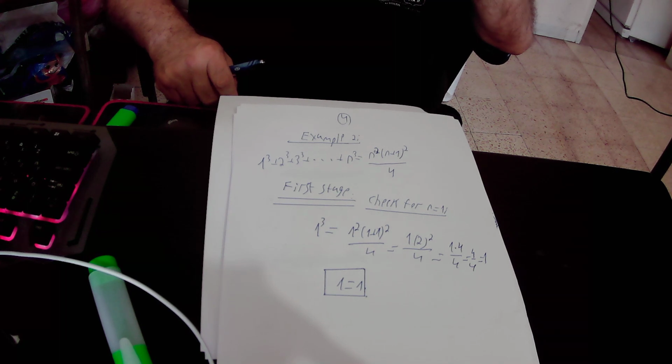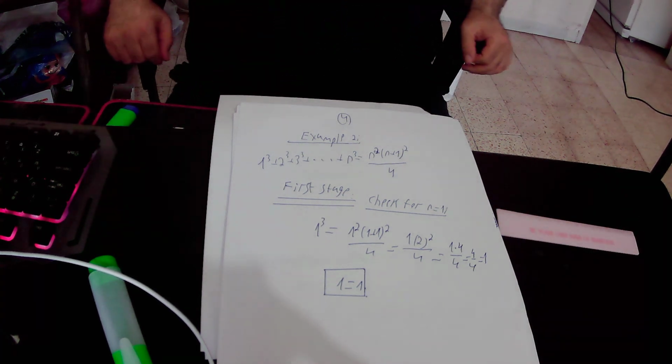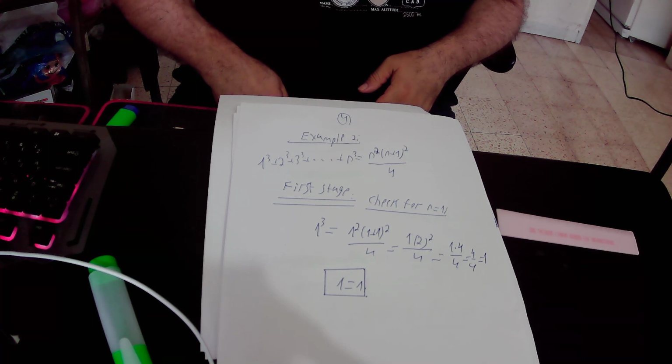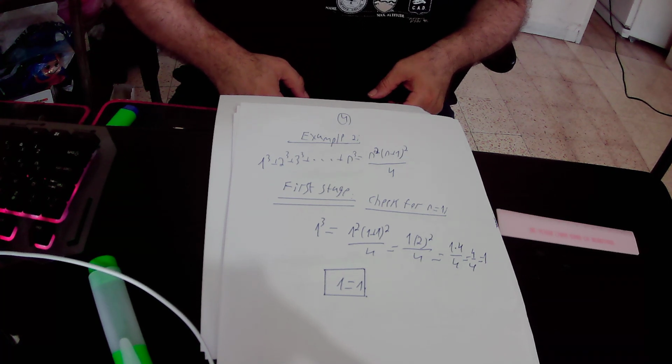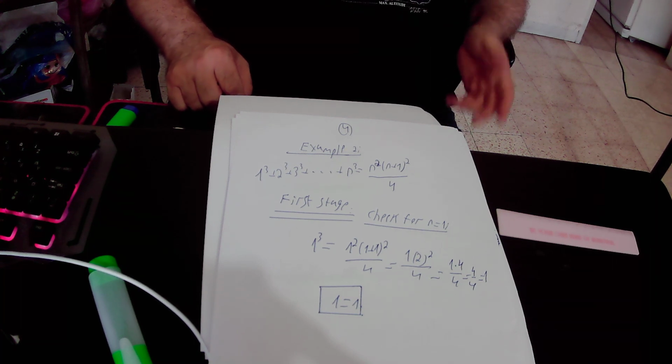Okay, so we actually can summarize the topic of mathematical induction and say that mathematical induction is a logical method to prove that a statement, a claim, or an equation is true for all the natural numbers. And a natural number is a positive integer like 1, 2, 3, 4, 5, etc.